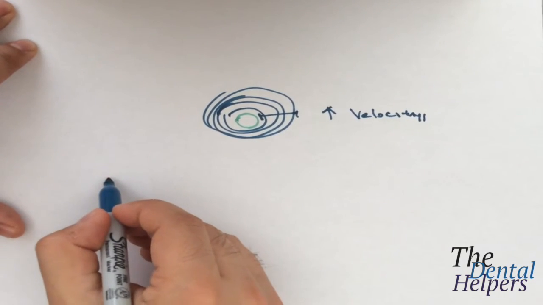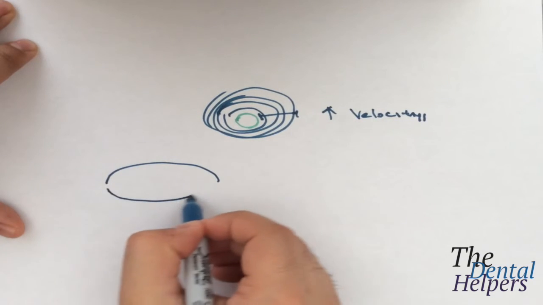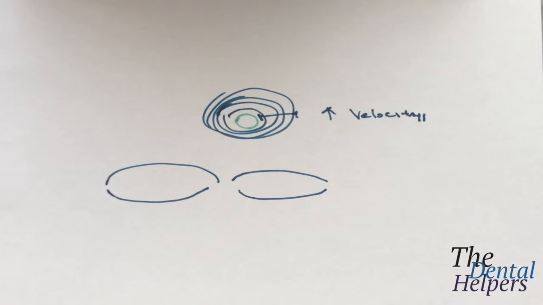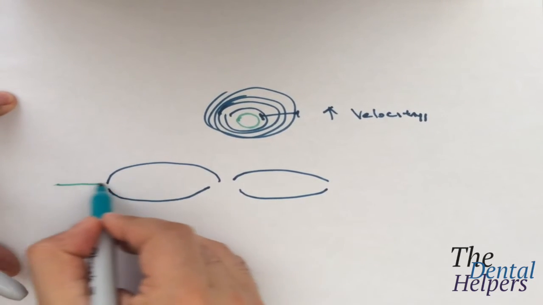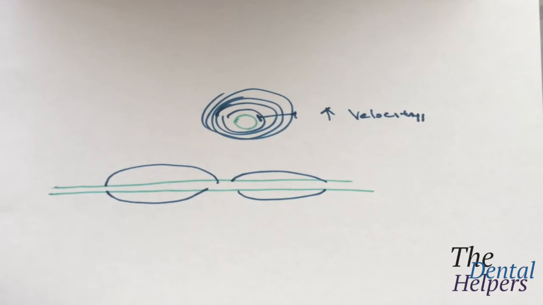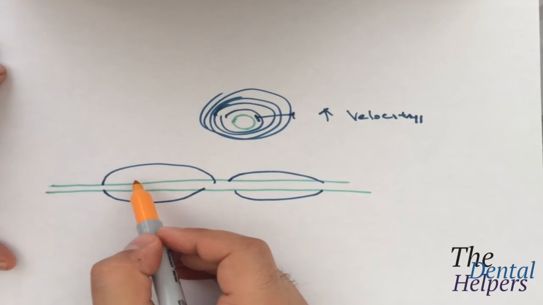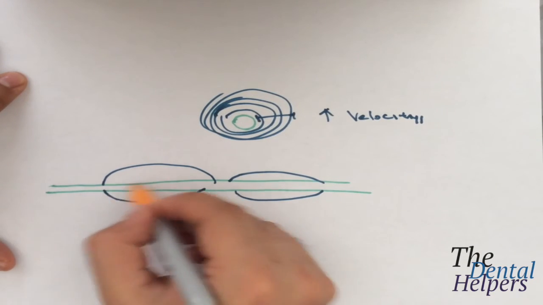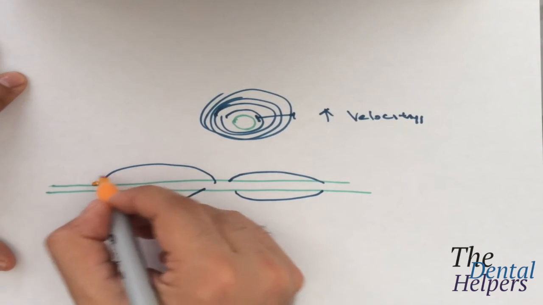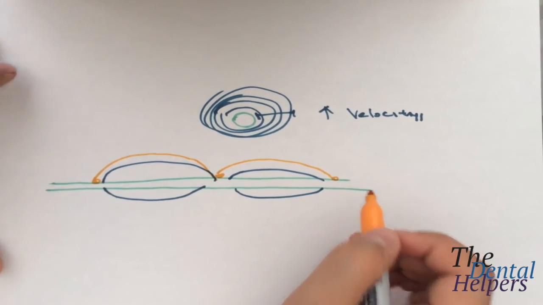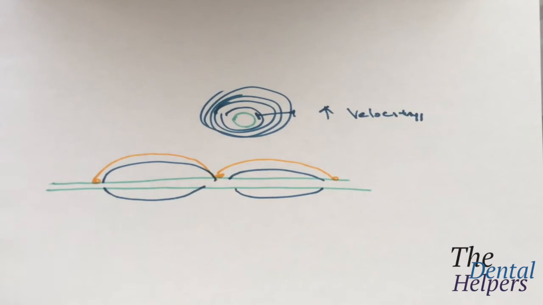So if we have a bit of current going, and we're looking at this myelinated axon, this fatty myelin is going to allow for increased conduction as these electrical impulses come. And so that's going to allow for faster transmission of that stimulus down the axon.